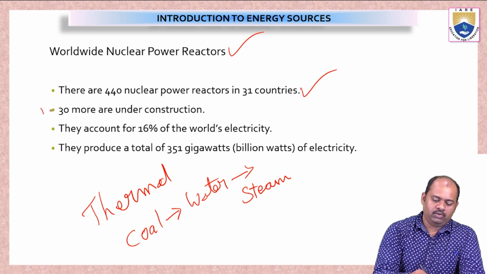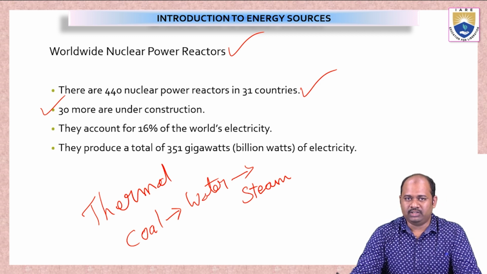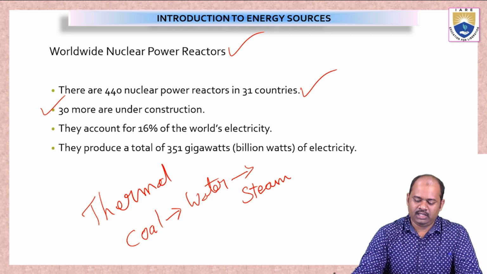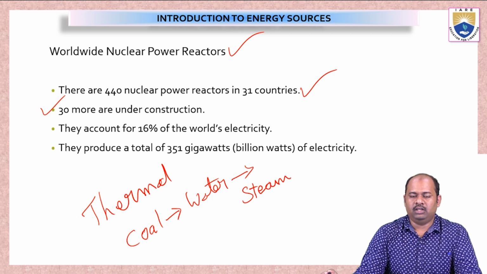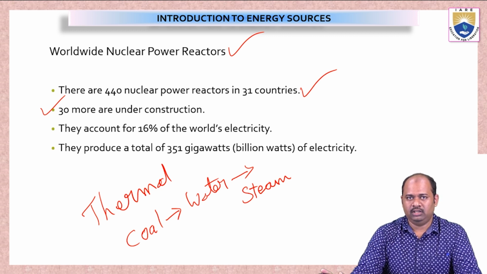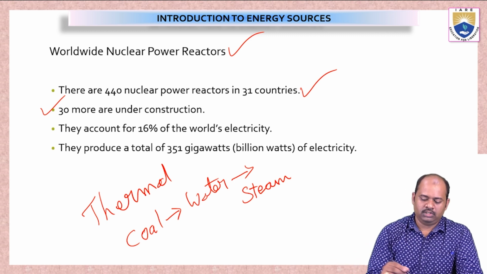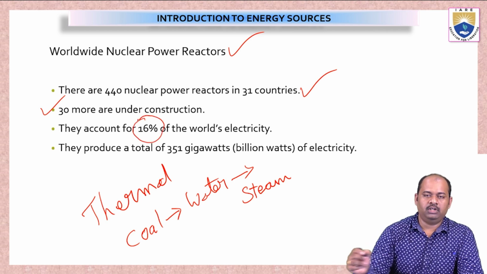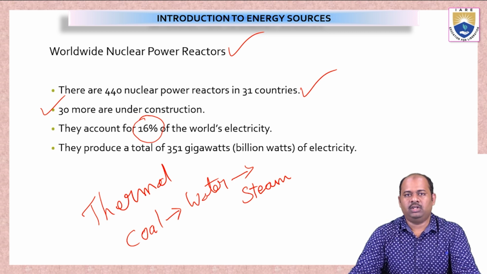So there are around 30 more nuclear power plants being constructed, and once they are completely constructed and operational, we will get around 16% of the world's electricity from nuclear power. 16% of the entire world's electric production will be under nuclear power plants.